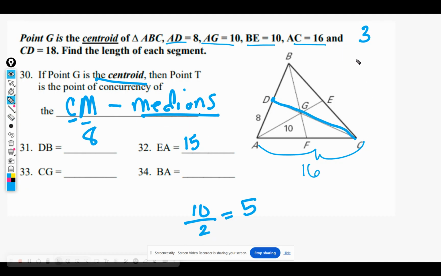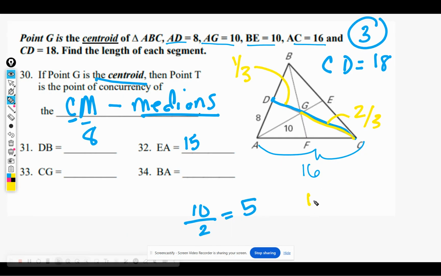So CD equals 18. Again, the line together is 3 separate parts. Well, it's 2 lines, but we know it's divided into 3 parts. So my longest side, which is CG, is 2/3, and my short side, GD, is 1/3.